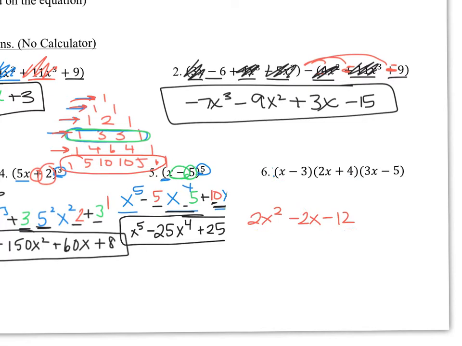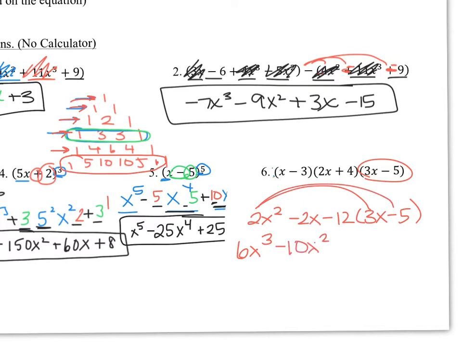So I have that. Now I have to multiply that by what's remaining, 3x minus 5. So I have 6x cubed minus 10x squared minus 6x squared. Actually, I'm going to go ahead and stack it. So that's negative 6x squared, and that's positive 10x, and this is negative 36x, and this is positive 60.